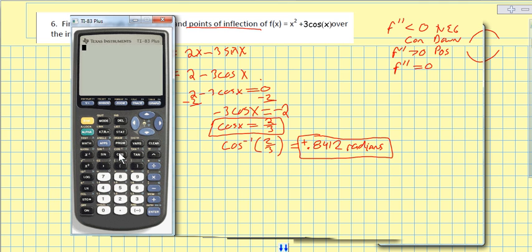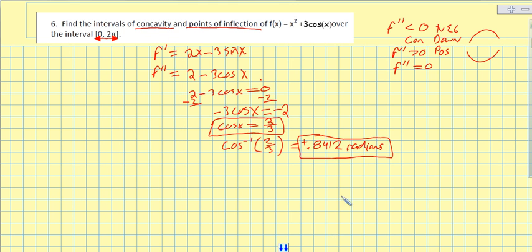If the cosine of 0.8412 radians equals that 0.666, which is approximately 2/3. Of course, I rounded a little bit, but anyway, hopefully that helps working back and forth between arc cosine and cosine. So let's see if we can kind of picture this.